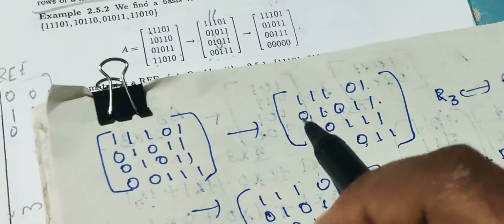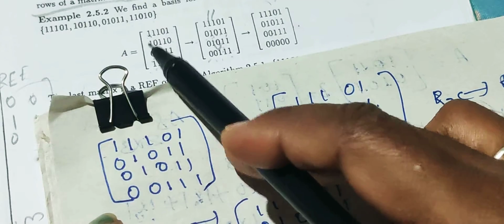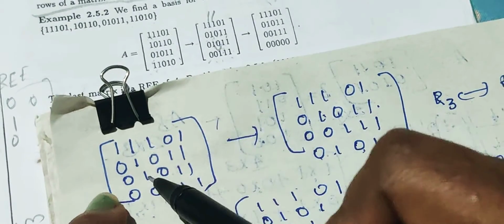Okay, so we get the first one, this one. So a leading 1 and the other entries are 0. So we get this one.